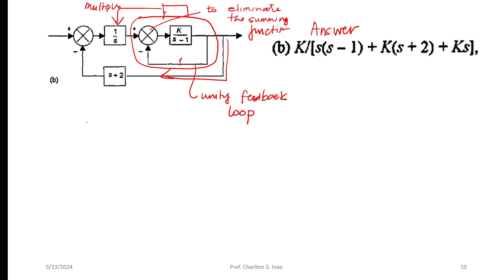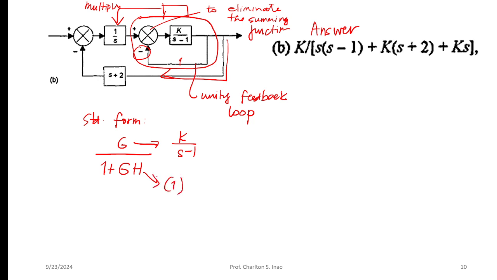Okay, so the standard form for feedback simplification is this: G forward loop, then 1 depends on the sign here. If it's negative, it becomes positive. So 1 plus G H. But G is this, right? K over S minus 1. And H is 1. Okay?